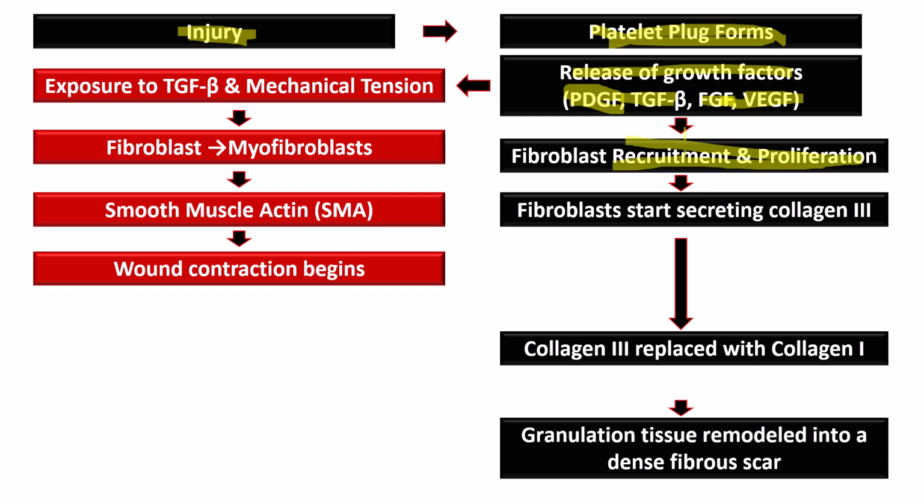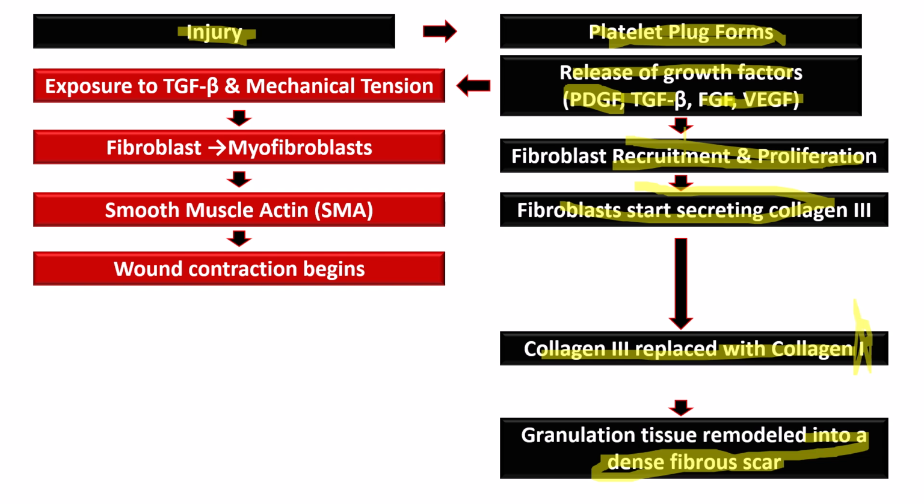The fibroblast starts secreting collagen 3, and later on this collagen 3 is replaced by collagen 1, and granulation tissue is formed. And then this granulation tissue that was formed initially will be remodeled into the dense fibrous tissue scar due to presence of collagen type 1.